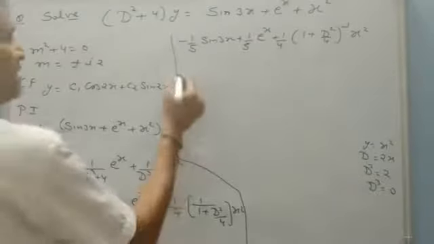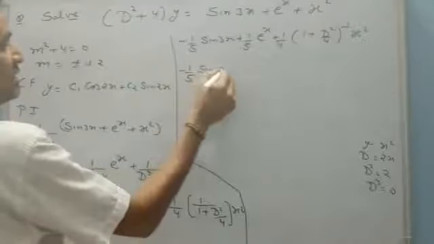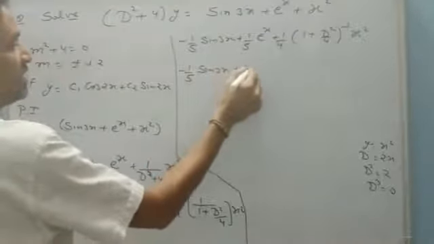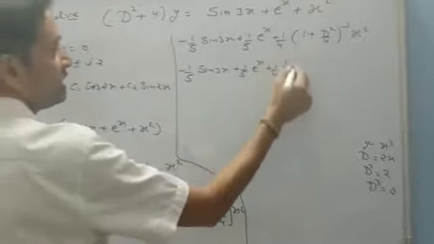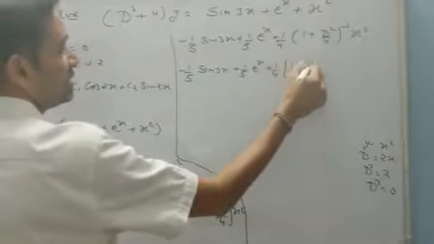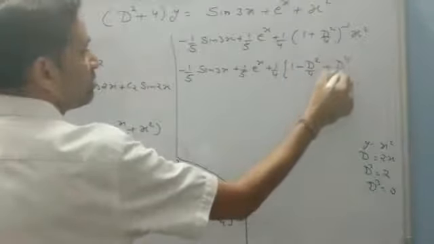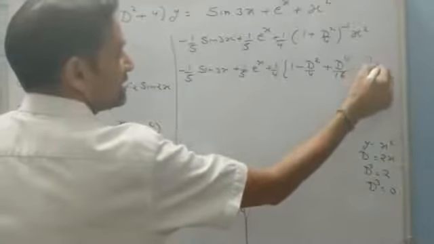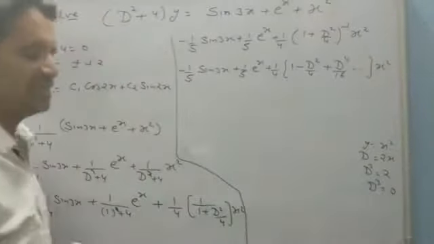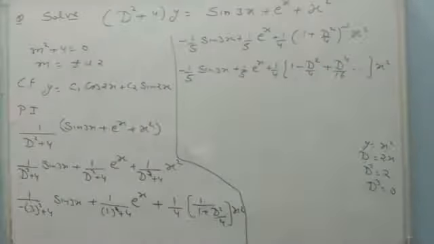So I will expand this as 1 by 5 sin 3x plus 1 by 5 e to the power x plus 1 by 4 [1 minus D square by 4 plus D to the power 4 upon 16 and so on]. Neglect that, x square. I don't need D4 also, but I just write it for you.